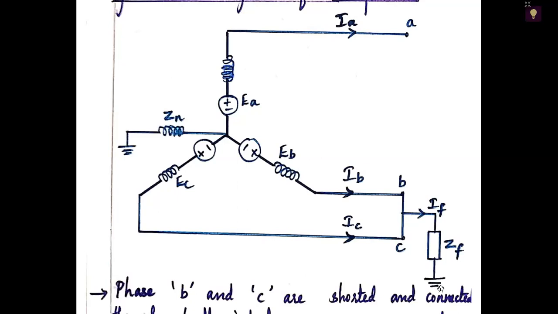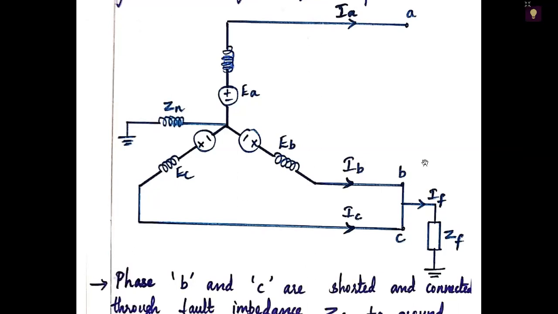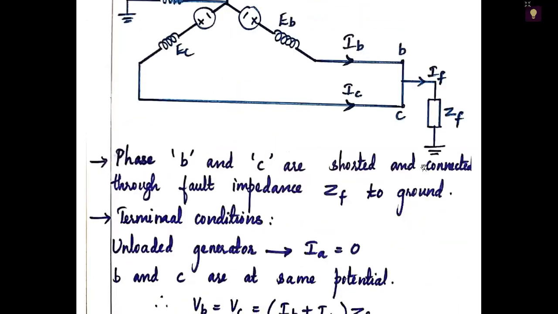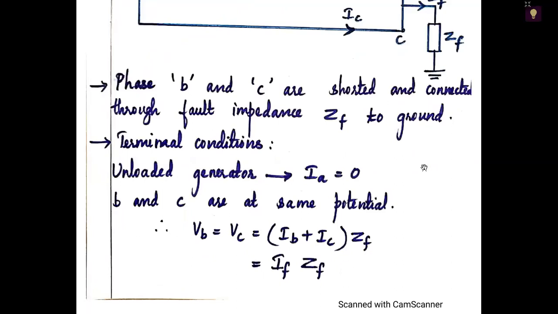So we can write VB is equal to VC is equal to IF times ZF. And what is IF? IF is equal to IB plus IC.